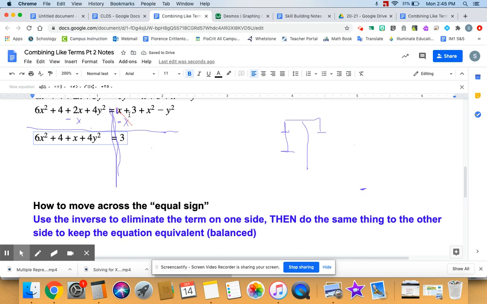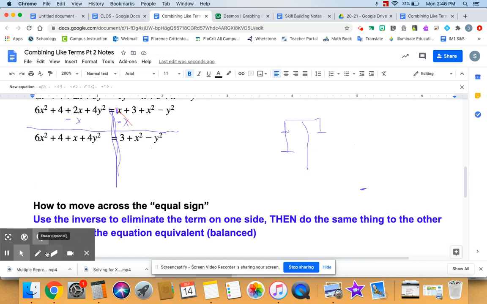I don't have to write plus. I still have the x squared, though. And I still have the minus y squared. All get brought down. All right, so since I subtracted x from both sides, they go back to being balanced. So we're good.